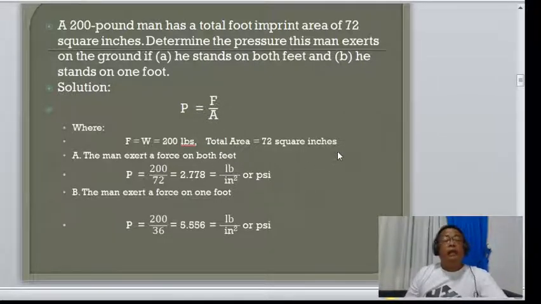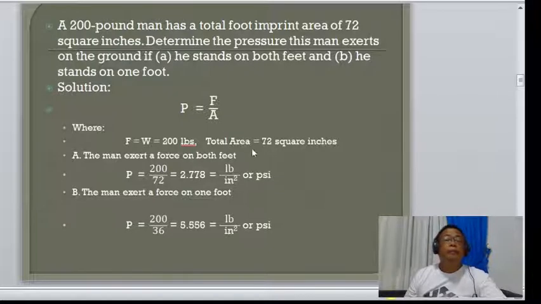Let us consider the first condition, that the man weighs 200 pounds and the total imprint area is 72 square inches. By just dividing the two values, we get a pressure of 2.778 pound per square inch.